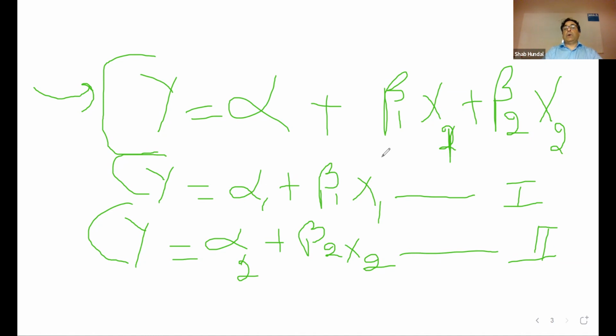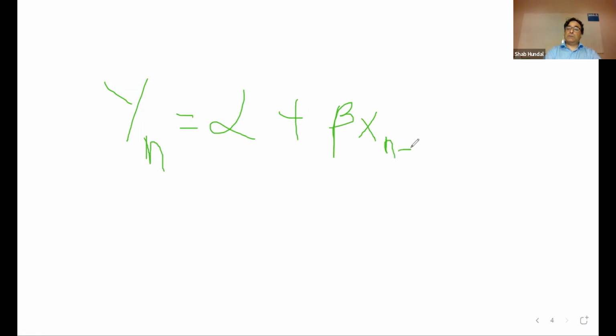Or try to use the lag value. Lag value means you are having a model in which your y is dependent not on the current value of the public expenditure, but on the previous value.